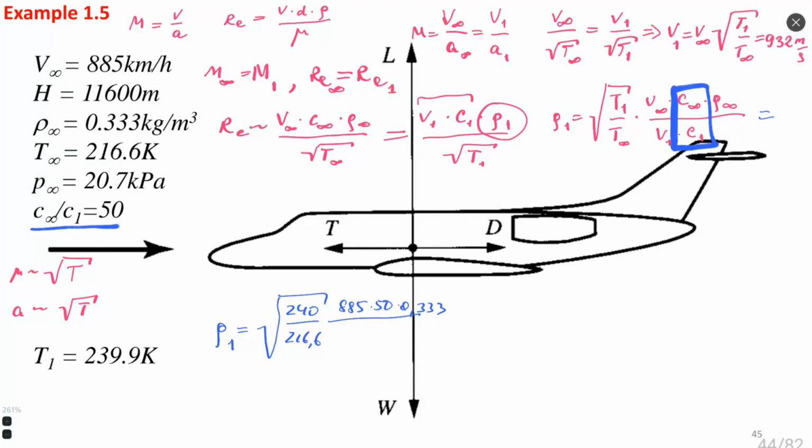And we divide by 932 meters per second. C is 1, and probably that's it.